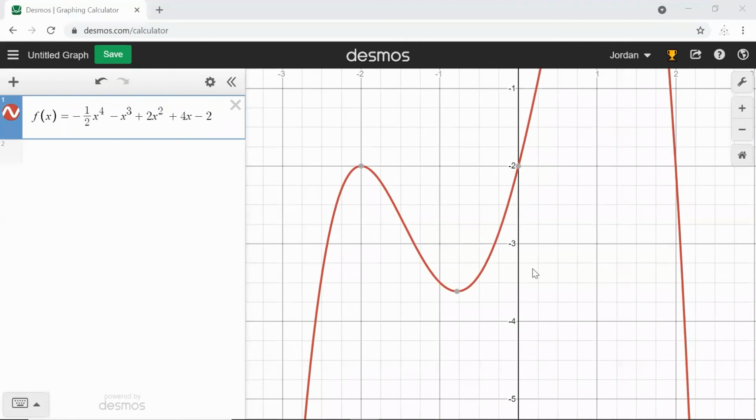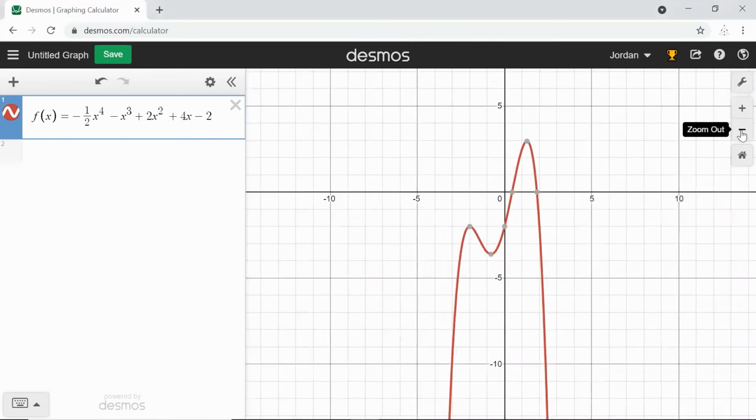So that's how you can use graphs to find these relative maximums and relative minimums.